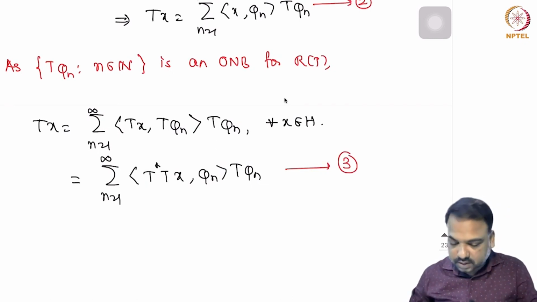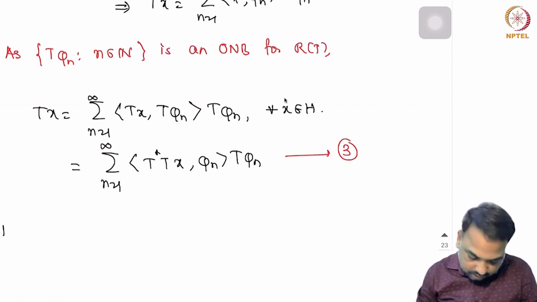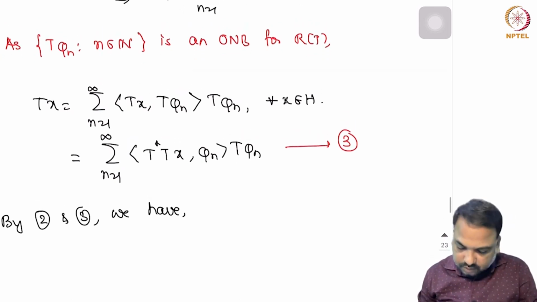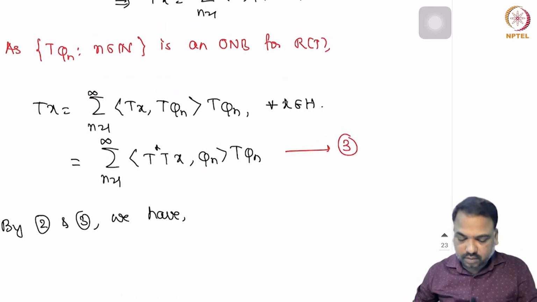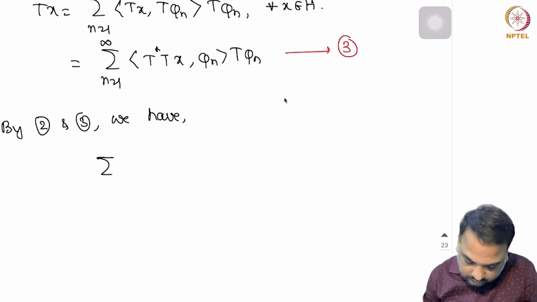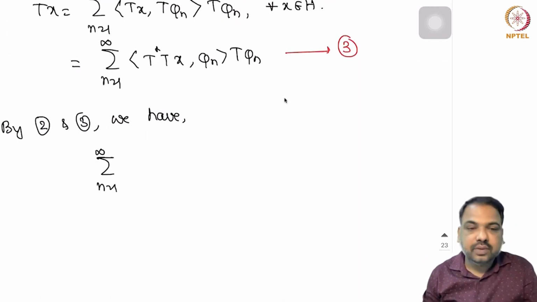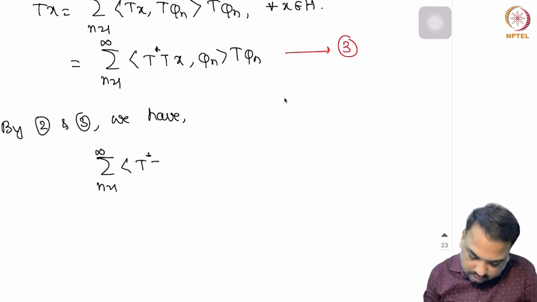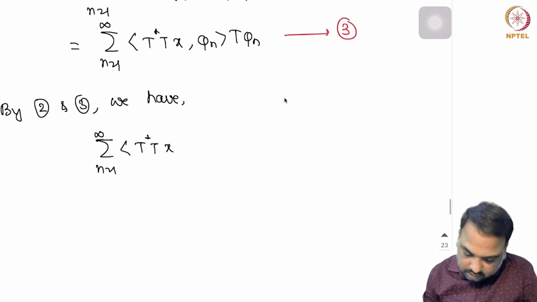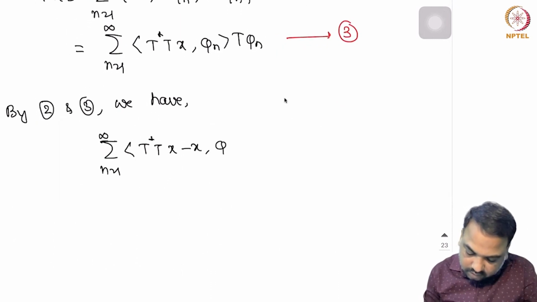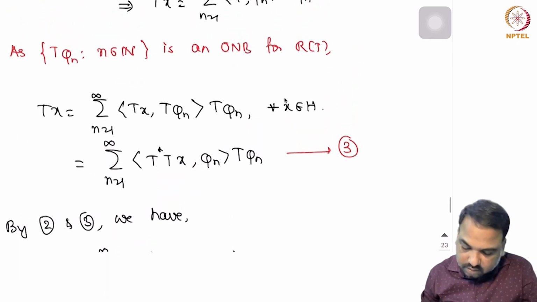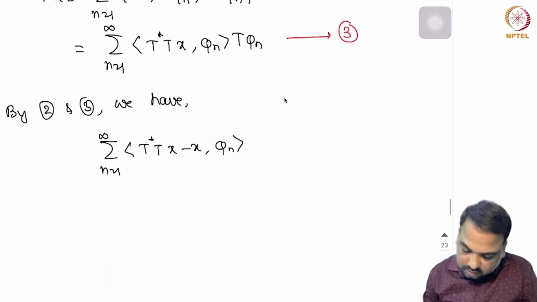But if we compare 2 and 3, we can say that summation n equal to 1 to infinity inner product T star T x minus x, phi n, with T phi n is 0.